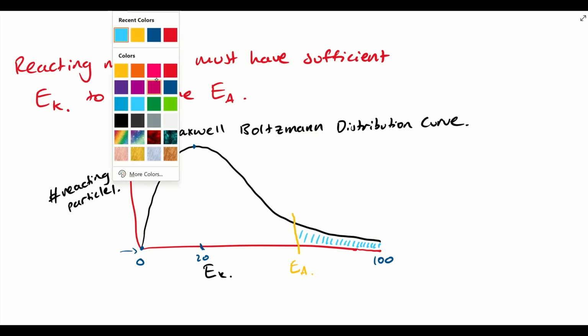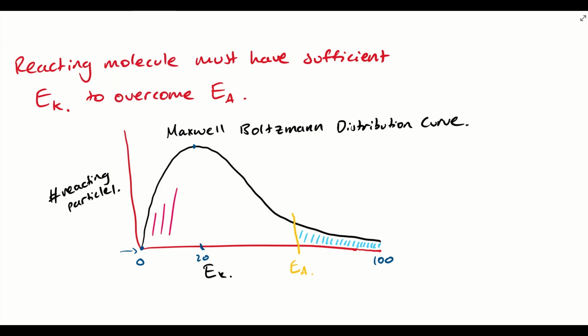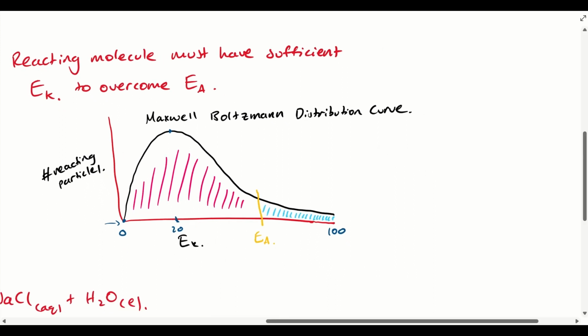All of these particles here don't have kinetic energy big enough to overcome the activation energy. So if you think about it, there's not that many particles that are going to have enough kinetic energy to cause a successful collision. There's a lot more here in pink than there are in blue. So this is even more evidence that not all the time we have a successful collision. Only some of the time we have a successful collision.